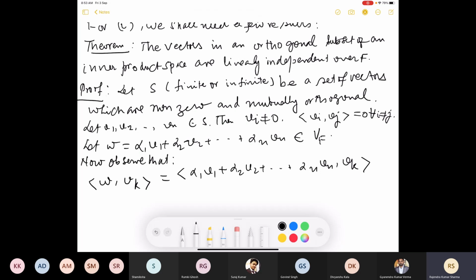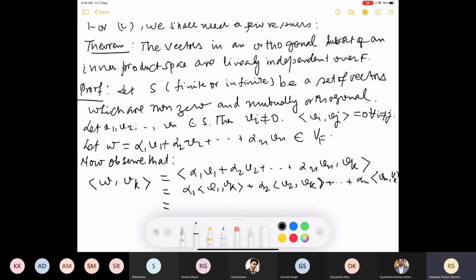Now because of the linearity in the first coordinate, this will be the same as alpha 1 inner product V1 Vk plus alpha 2 inner product V2 Vk plus up to alpha n inner product Vn Vk.